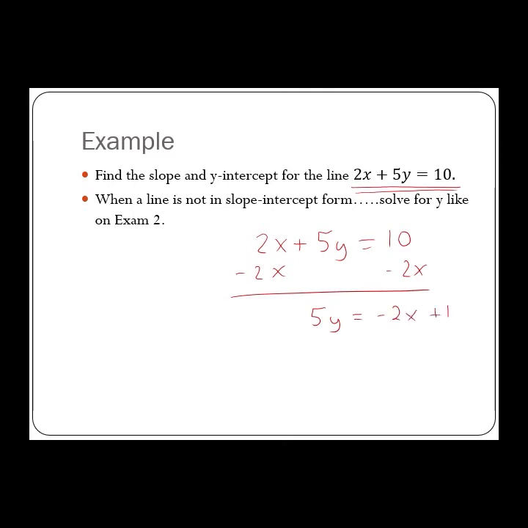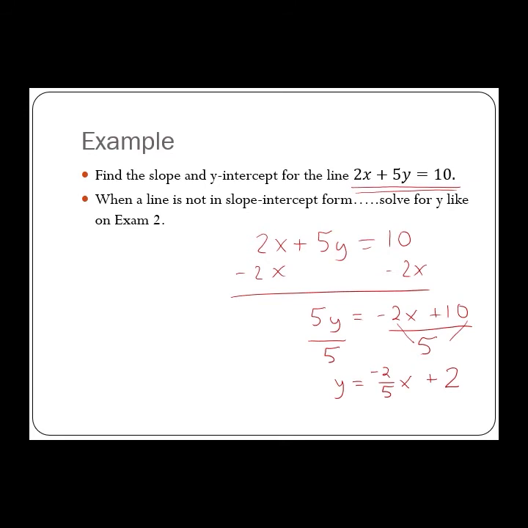You'll notice I snuck the -2x in front because I want it to have that mx plus b format. Then I'm going to divide by 5. When you're dividing by 5, you're doing each part separately. So this is -2/5, but 10 divided by 5 is actually the whole number 2. So I'm going to do the 2/5, and then I'm going to do the 10/5 when I break it up.